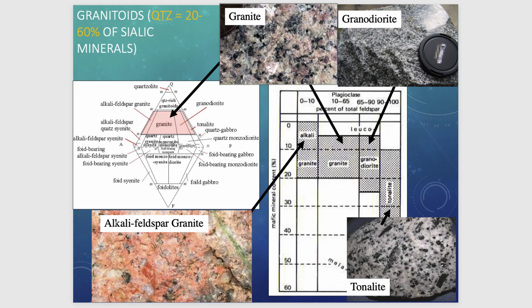What does that mean? It's essentially a rock that would fall in this narrow field here, which means that you have between 20 and 60% quartz. But this rock is dominated by alkali feldspar. It means 90% of the feldspars in this rock will be represented by alkali feldspar.